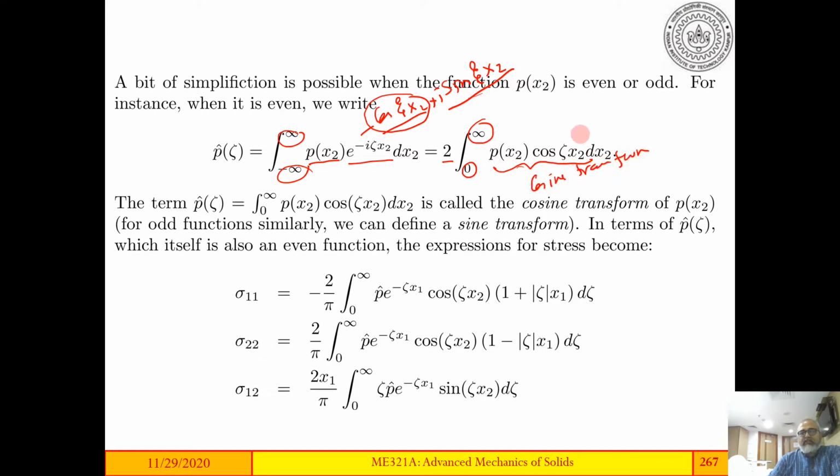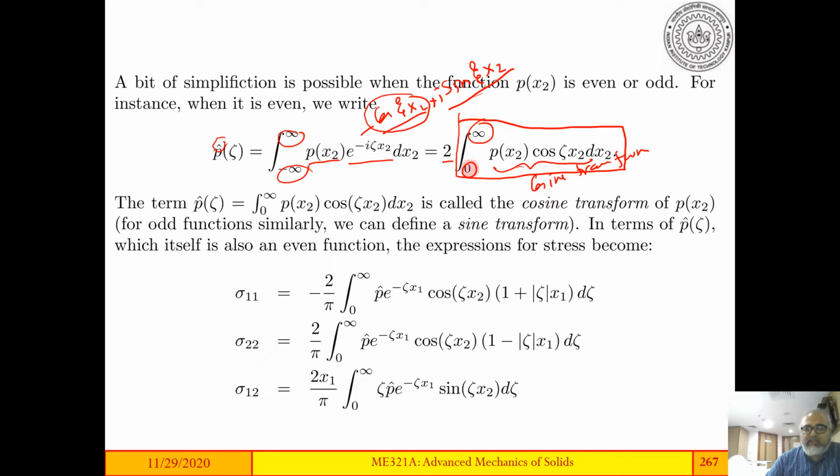Okay, and this cosine transform will be denoted by a hat rather than the bar. So just note that the cosine transform has a factor of 2; we are defining only this part as the cosine transform.